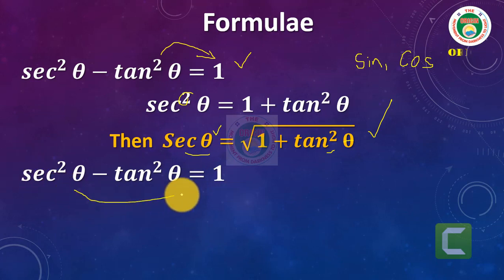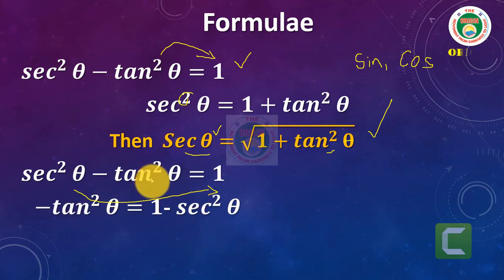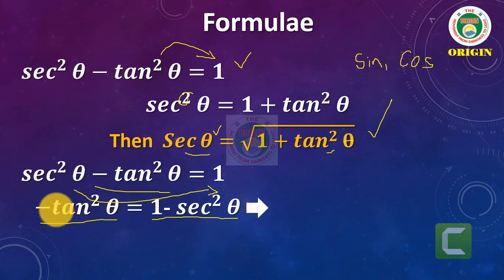Another way, tan theta in terms of secant. Secant square theta minus tan square theta equal to 1. Secant square theta, if you transpose to this side, RHS side, then convert it into minus secant square theta. Already minus is there for tan, so minus tan square theta equal to 1 minus secant square theta.